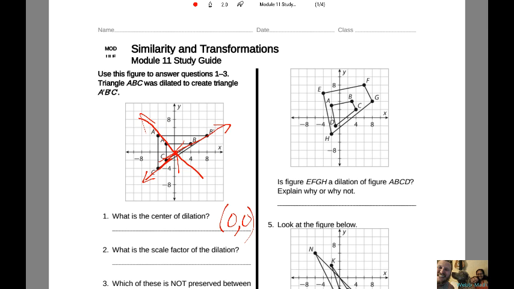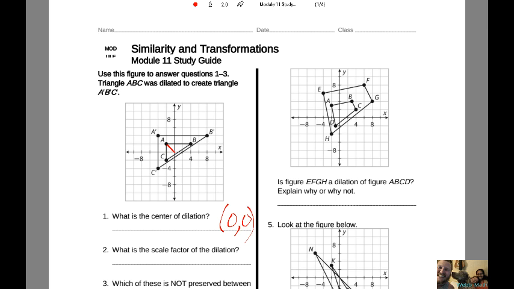Now for the scale factor, for number 2, when you're talking about scale factors, there's 2 ways you can do this. If you do this visually, and it depends on your teacher, it depends on where you're comfortable, you can notice the distance from the center of dilation from point A to the origin is 1 diagonal.